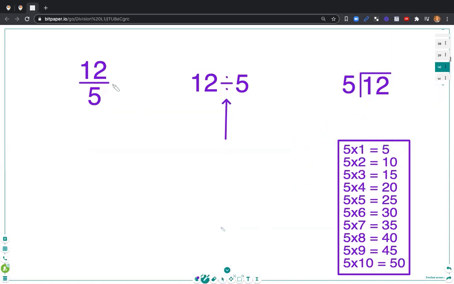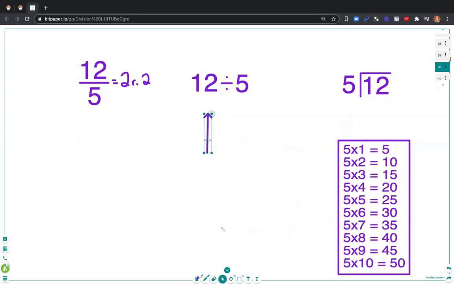So 2, with a remainder of 2 left over, 2 out of the 5 it takes to make another group. Notice that I've written this division problem 3 different ways.